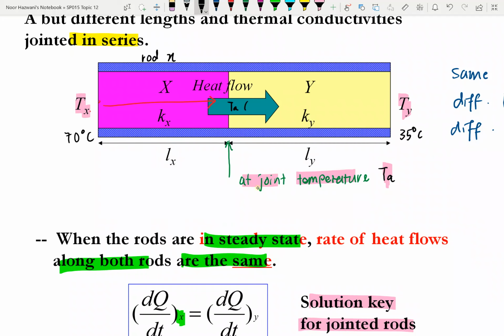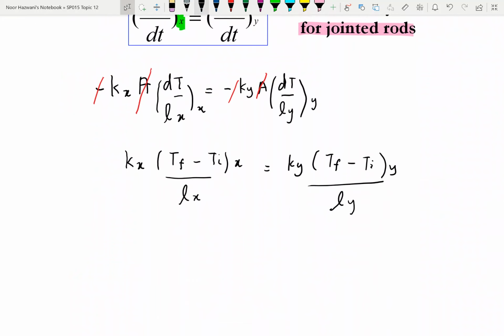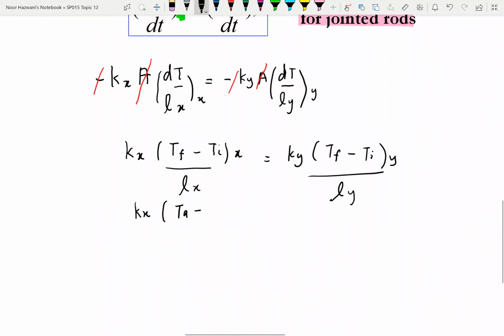So TA ni akan jadi you punya final, dan TX akan jadi initial untuk rod X sahaja. So, you boleh gantikan dekat sini. Salin balik mana yang tak berkenaan. So, Kx, T final adalah TA, T initial adalah TX, dan kita boleh gantikan dengan nilai dia, which is 70, bahagikan dengan Lx. Okay, and then Ky, you tinggalkan.